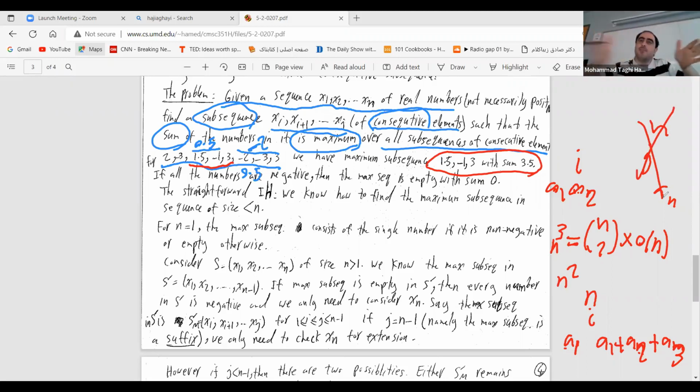When I compute this sum, I also compute all of these guys. So here the running time would be what? Would be n squared, because I have n choices for I and then n sums.